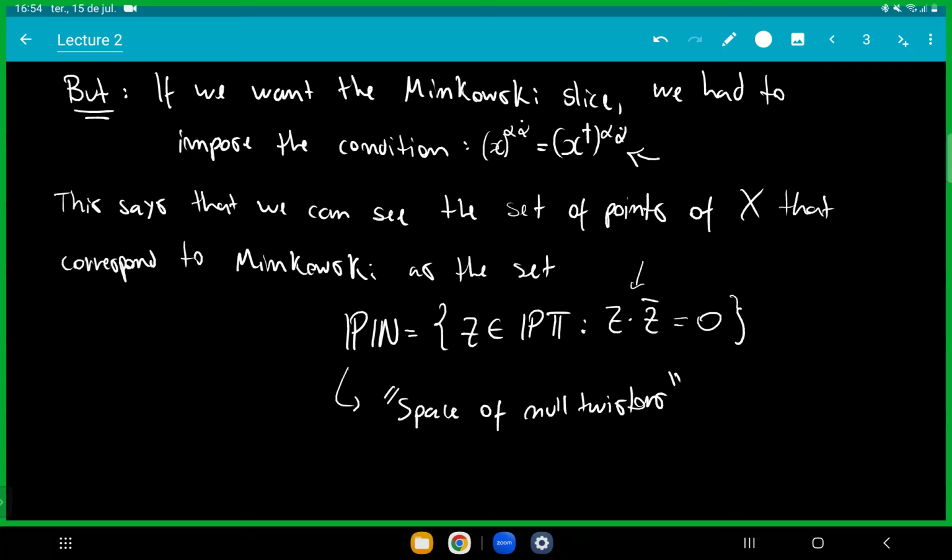So this again already, because we have null twistors involved, we saw last class that we also had null vectors involved. You can already see that there's this flavor of a correspondence between conformal structures.